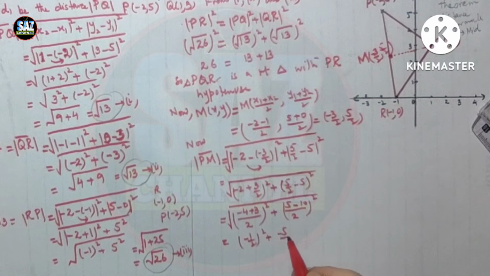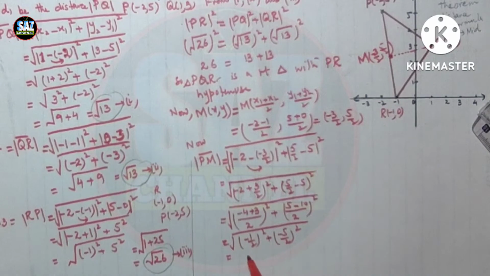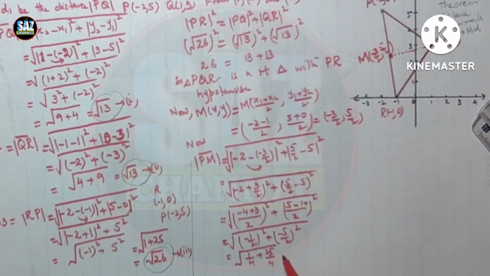Let me see whether my working is coming in camera. 1 by 4 plus 25 by 4, and this will give me 1 plus 25 is 26 by 4.